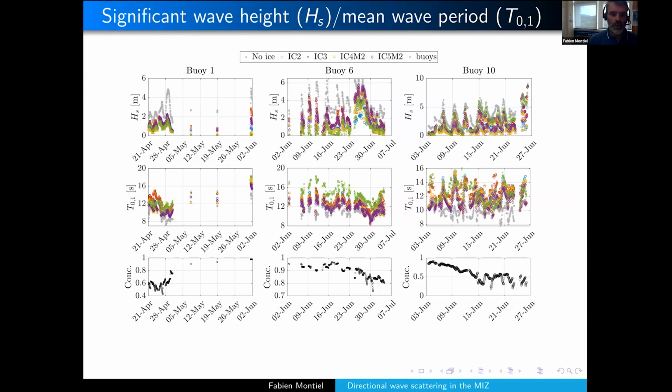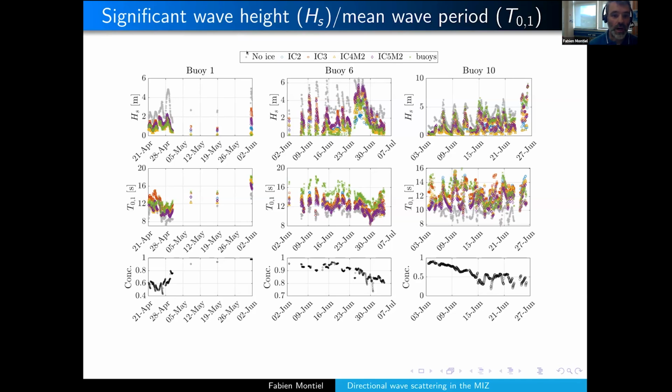So here I'm just showing some selected results for just 3 wave buoys and 4 models, so 4 parameterizations, so IC2, IC3, IC4M2, and IC5M2, which were not chosen for a very specific reason, apart from the fact that they span a range of different types of parameterizations.